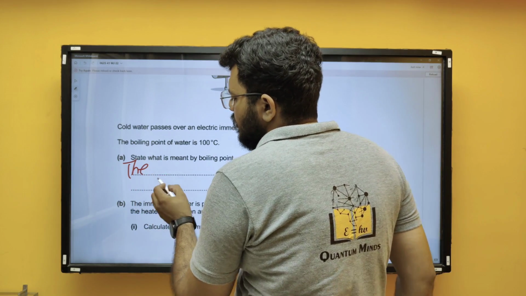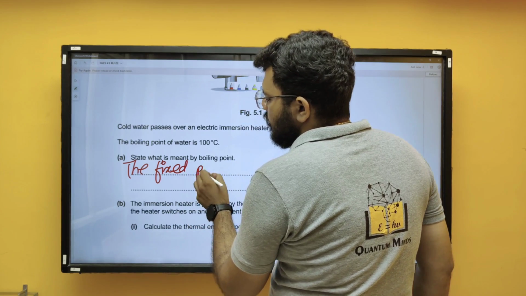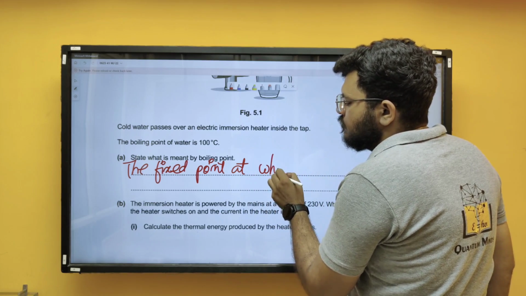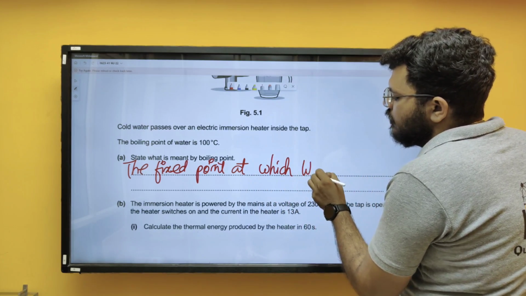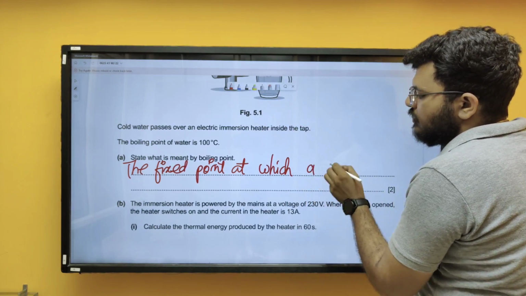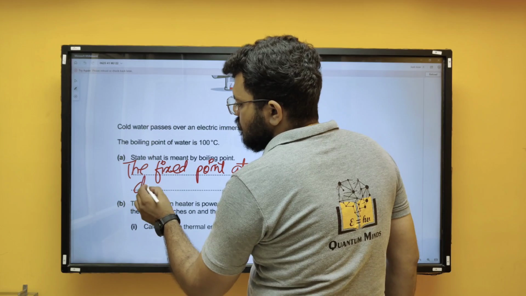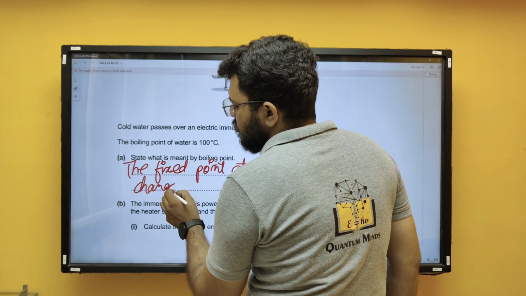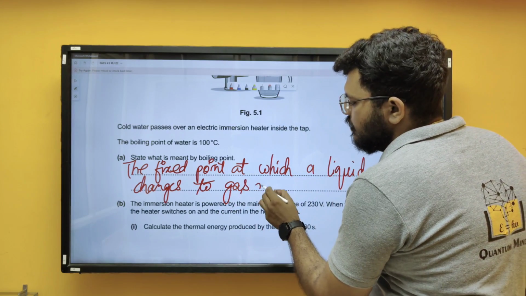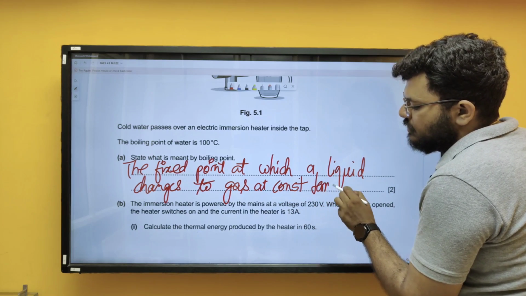The fixed point at which water or a liquid changes to gas, a liquid changes to gas at constant temperature, right?